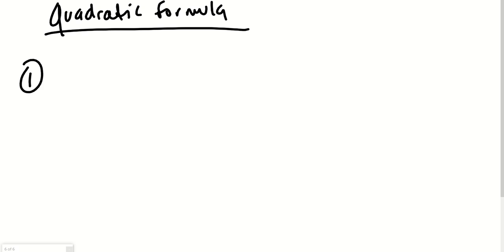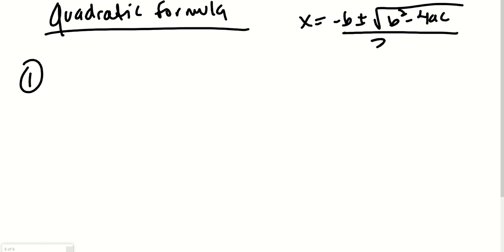Well, we know the formula is x equals negative b plus or minus square root of b squared minus 4ac over 2a. So you have to tell yourself what's a, what's b, and what's c in my quadratic equation. So I want to do number 1.